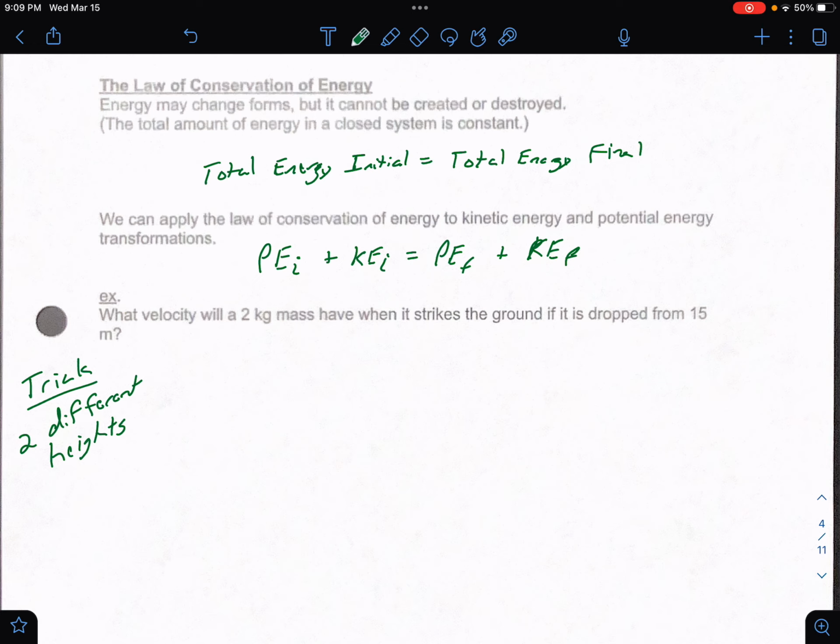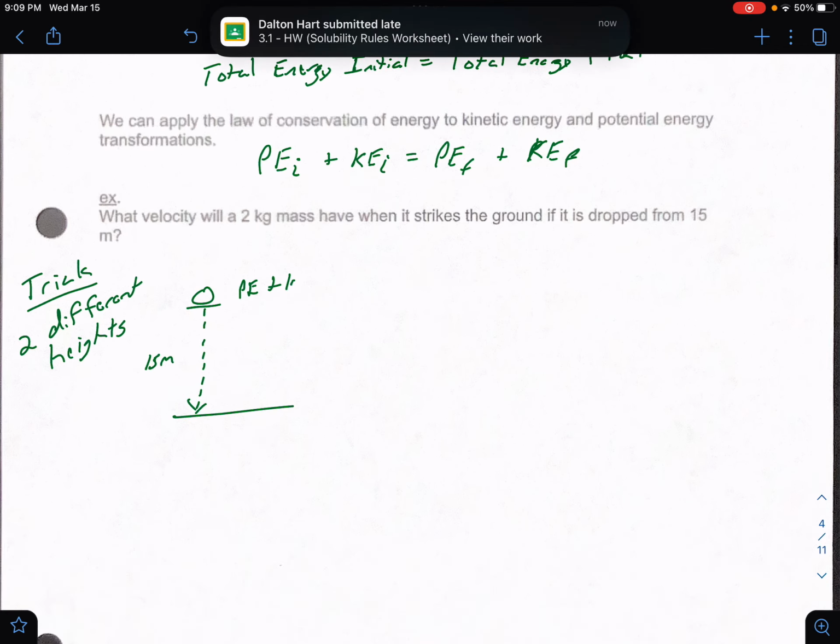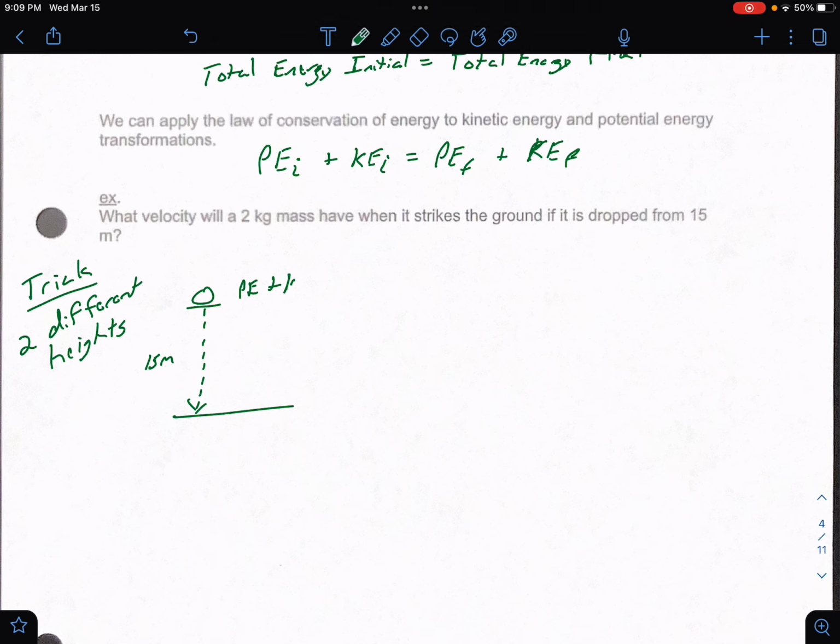So let's say I drop the ball and it hits the ground. The ball starts up here at 15 meters. When it is being held at 15 meters, there is PE plus KE up here, and then PE plus KE down here.